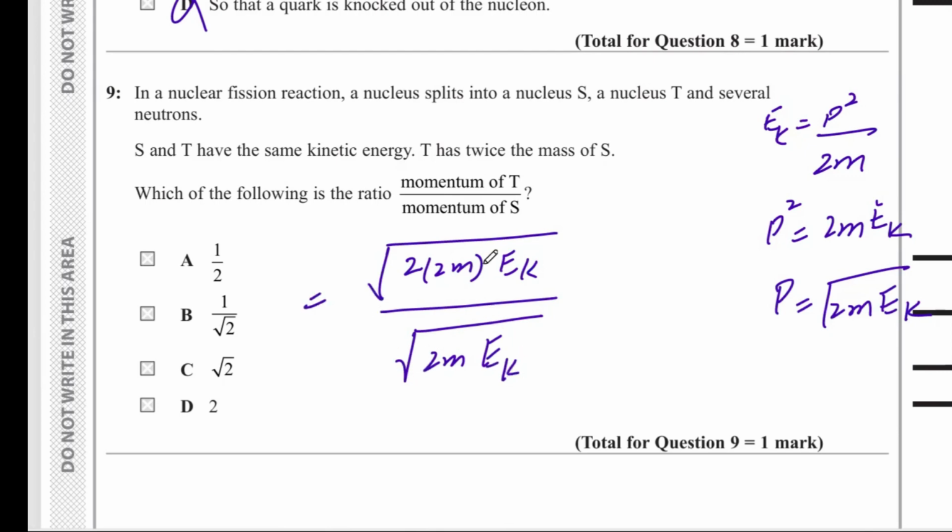After cancellation, 2m cancels out by 2m, Ek cancels out by Ek. I know you'll probably be worried about the square root, but since they are both getting divided, you can write them in a single square root and then cancel them out as well. So finally, I'll be having the ratio as the square root of 2. That is why C is going to be the right answer.